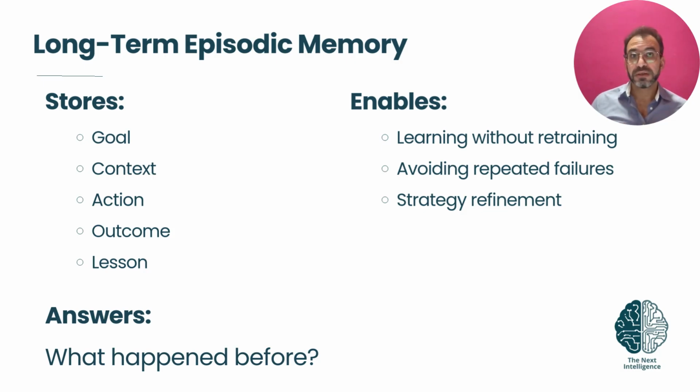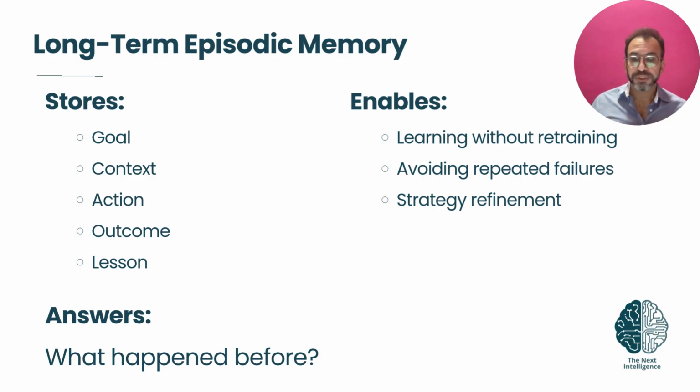On the other hand, episodic memory is different from the semantic one because it stores the experiences and the past history of the agent. Typically, we store in the episodic memory the goal, the context, the actions taken, the outcome, the lesson learned, and so on.